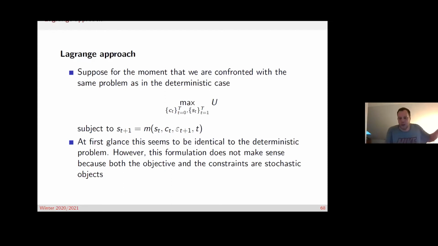When we talked some 4 weeks ago or so on the Lagrange approach in the deterministic case, we said that one of the problems is that we have super many equations that we need to solve. So we had a system of equations in all the states that we are in, all the controls, all the shadow values, where you have to take the law of motion into account.